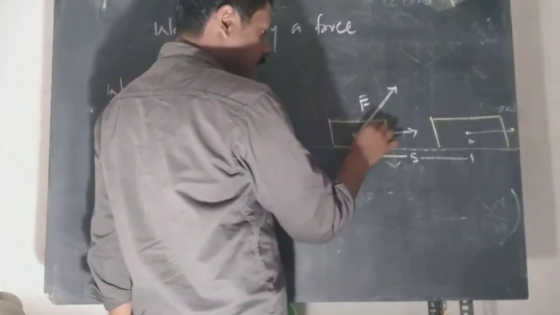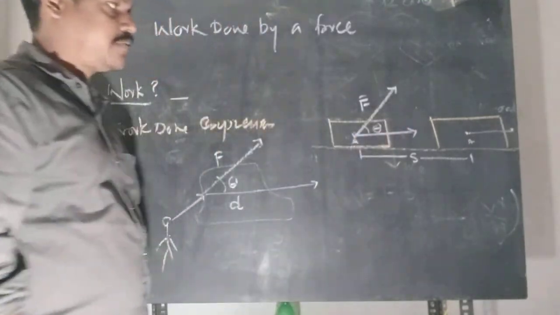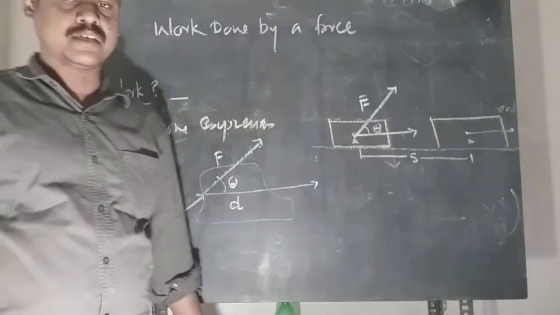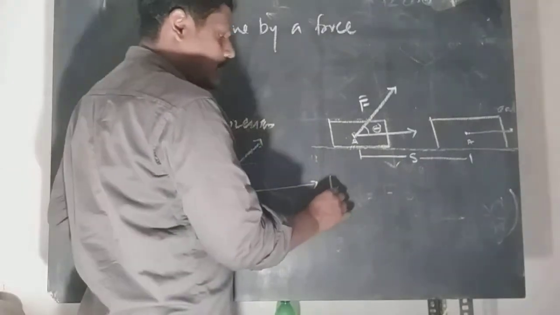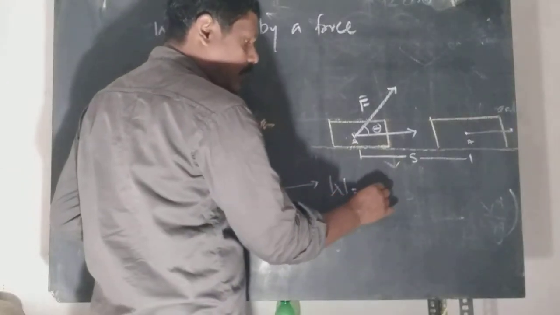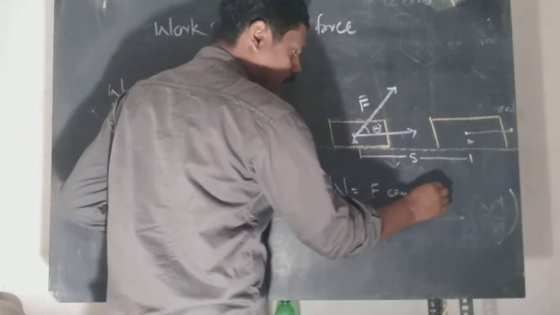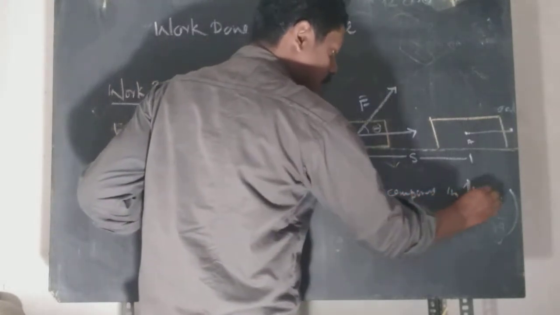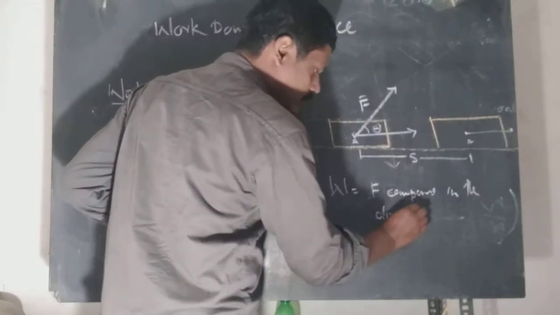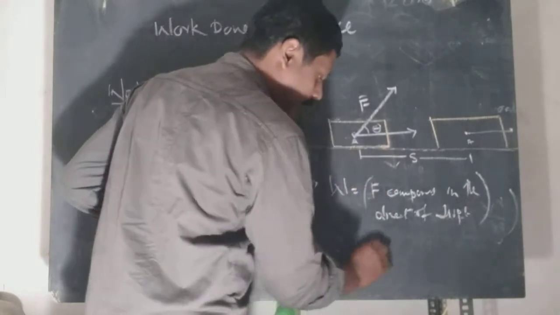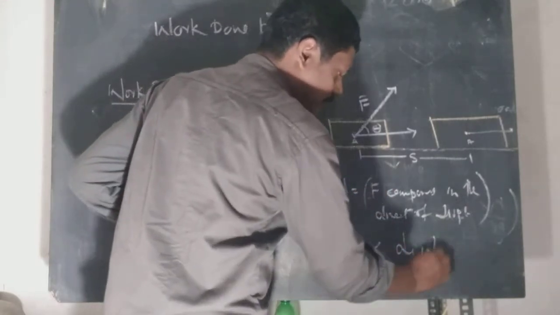At the time, if this is the angle theta between the direction of force applied and the displacement of that point, we are finding the work done as the component of force in the direction of displacement multiplied by the magnitude of displacement.